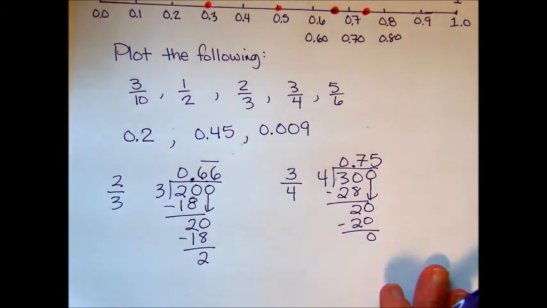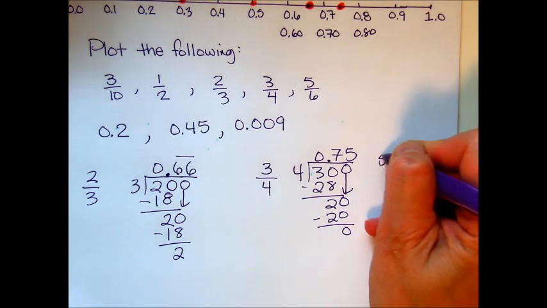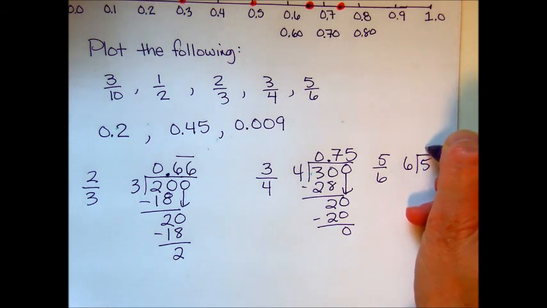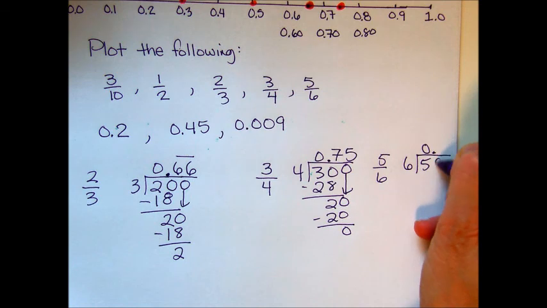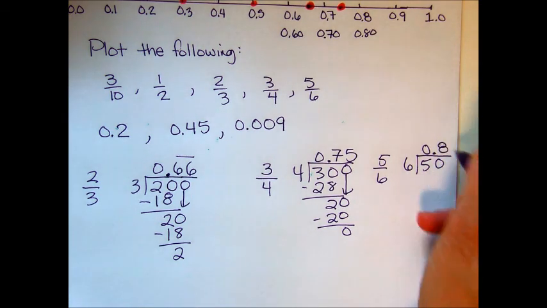Now, the last one is 5/6. So 5 divided by 6. 6 does not go into 5 evenly. Add a decimal and a 0. 6 goes into 50 8 times. That's going to be 48.